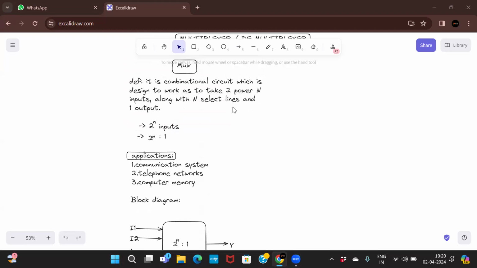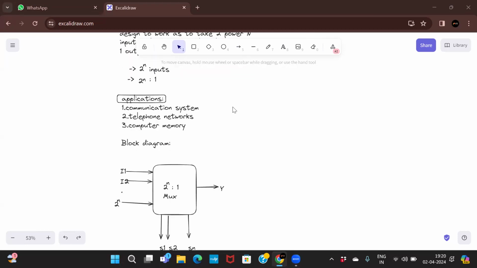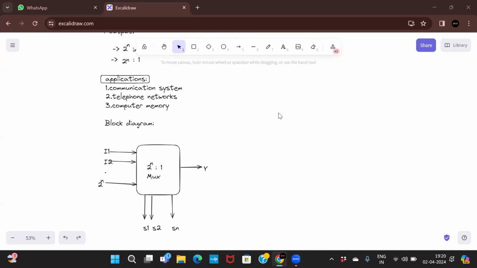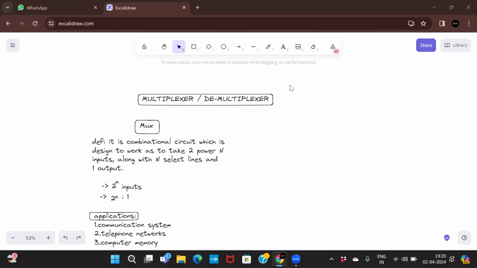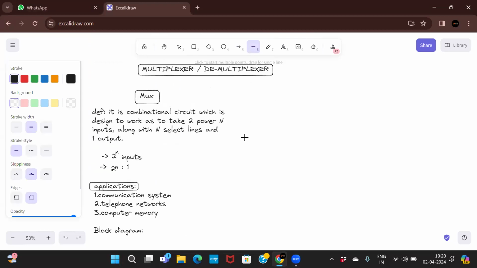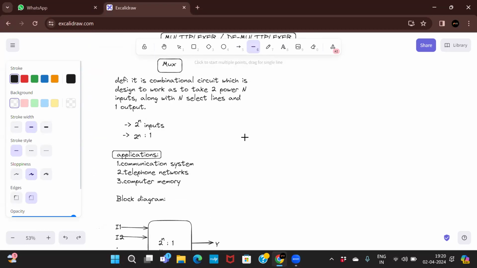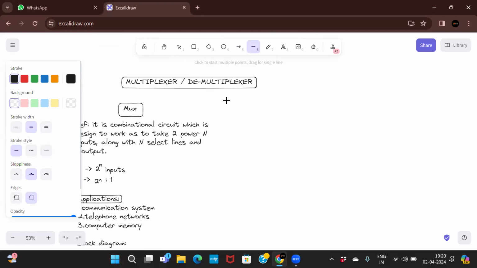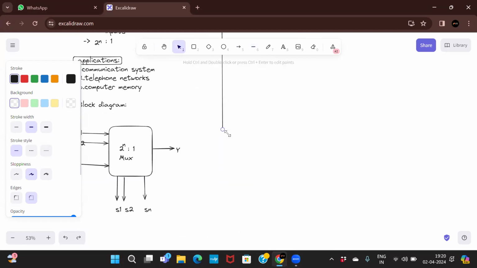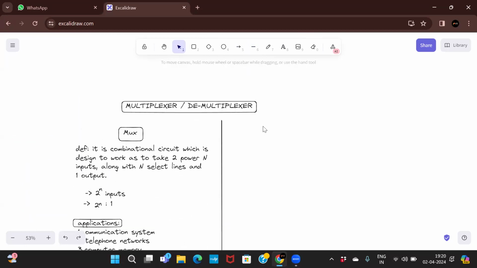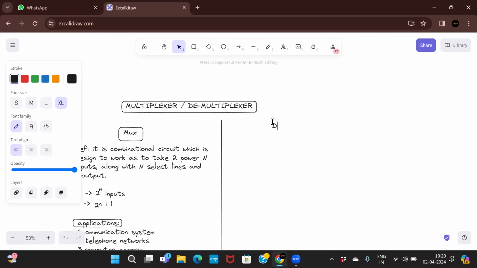Next we'll go for demux. Similarly, demux.